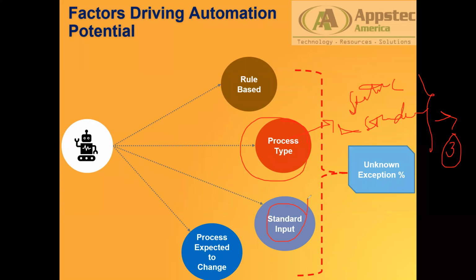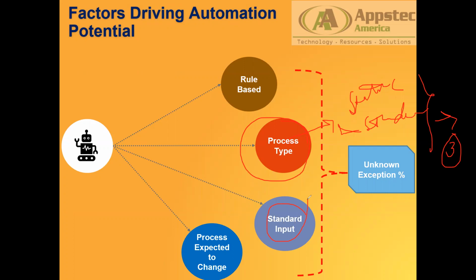Process expected to change. In such cases, we would say that the process is generally expected to have a change request, correct? Certain processes do not remain static for a longer period of time. Let's say there is a process which is constant, but 6 months down the line it might change.